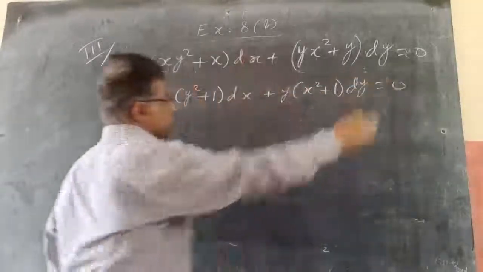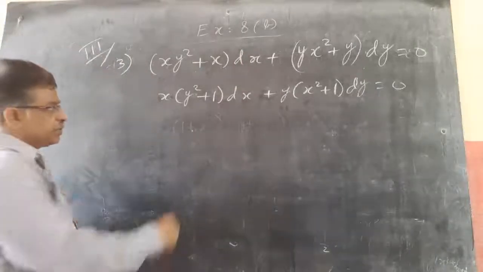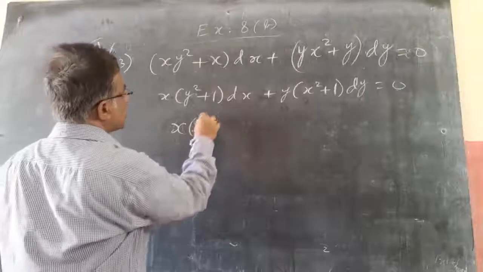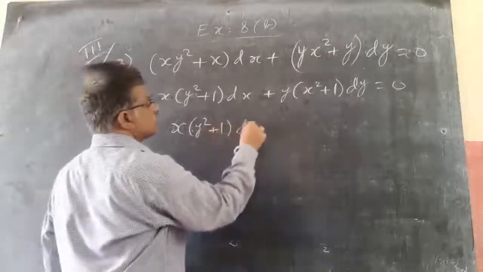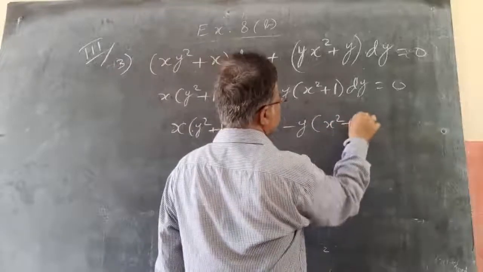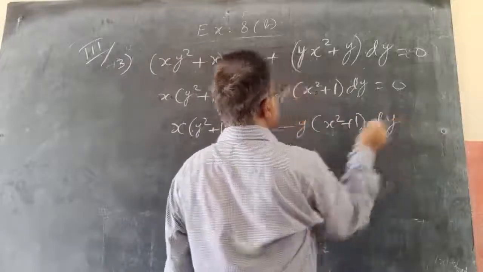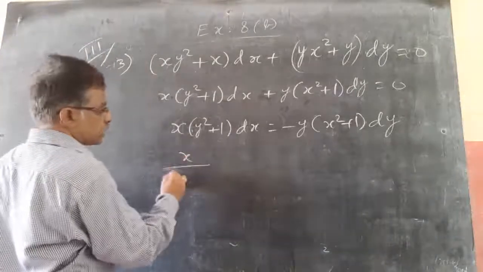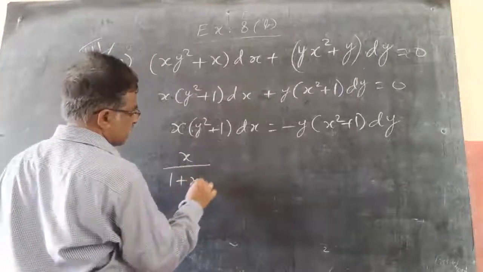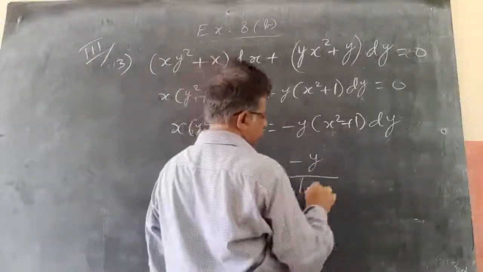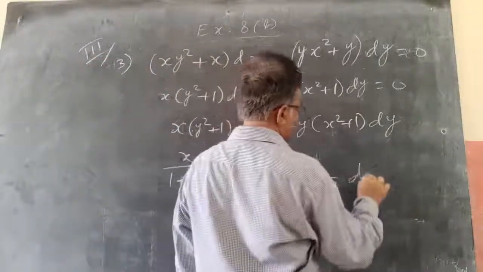Now bringing this part to the other side, x into (y square plus 1) dx equals minus y into (x square plus 1) dy. Now bringing x square plus 1 to this side and y square plus 1 to that side, we get x by (1 plus x square) dx equal to minus y by (1 plus y square) dy.